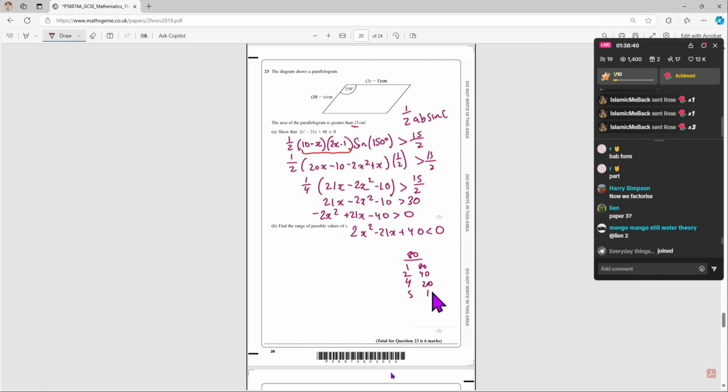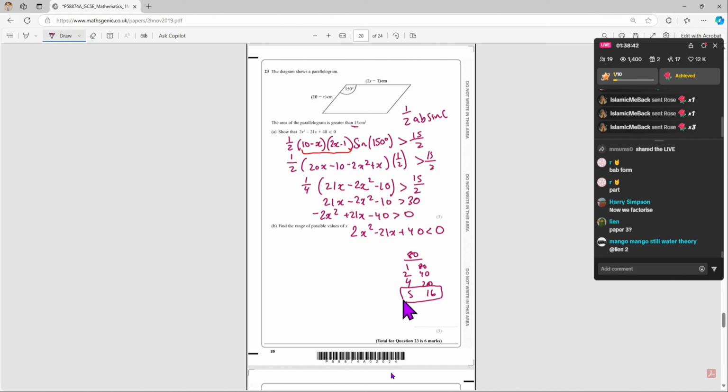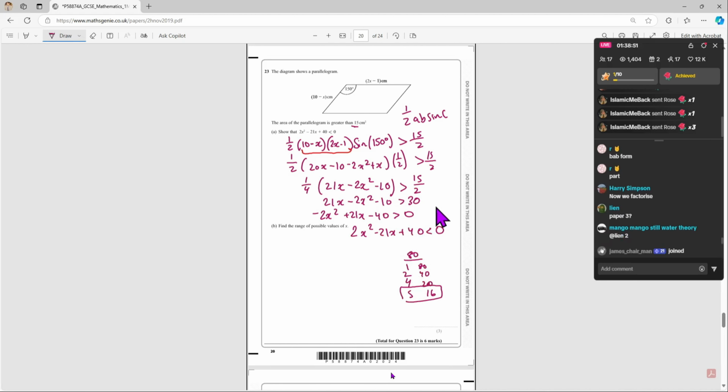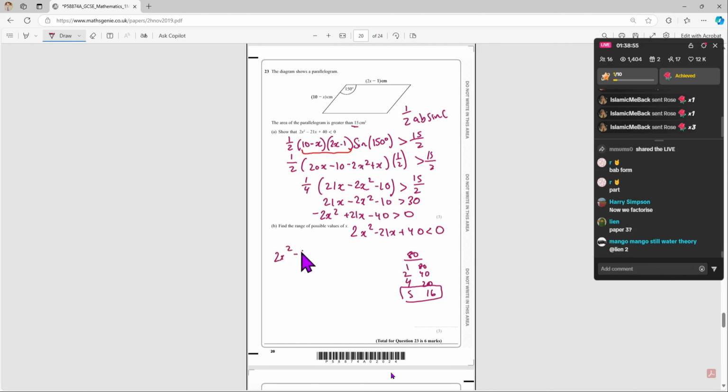We're going to be using our 5 and 16 numbers as they add up to get to negative 21. So then we're going to do 2x squared minus 5x minus 16x plus 40. So basically split them up using our two values from there. You should know how to factorize. Very, very simple. Like that.